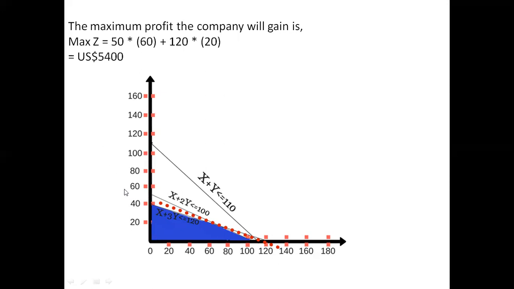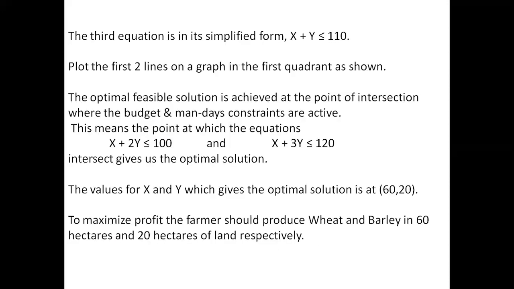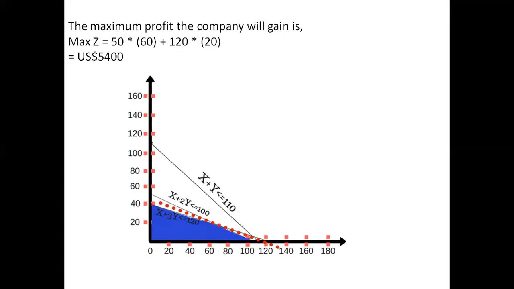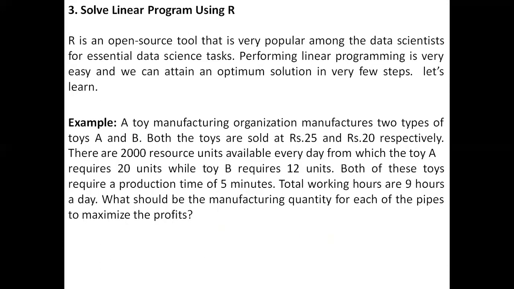So wheat has been considered in the y-axis and x-axis has been considered with respect to the barley, and we'll be having 60 hectares for wheat and 20 hectares for barley as per the graphical representation based on the given constrained equations that we have got, right?